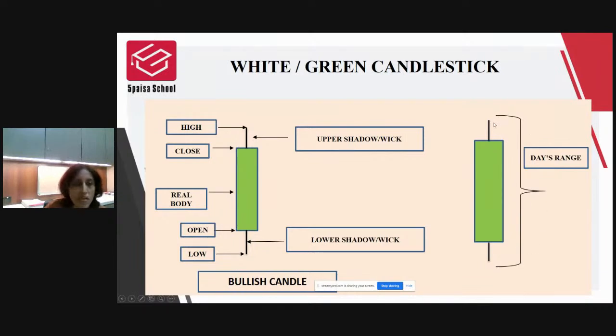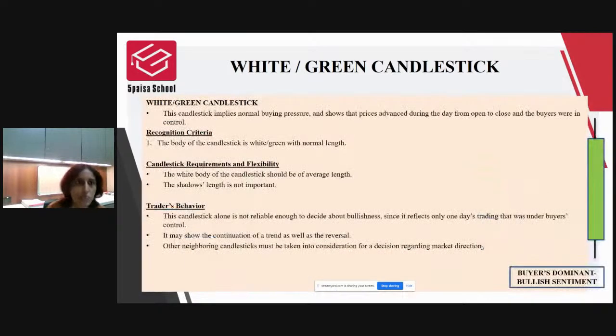So let's say the highest price was 100 rupees and the lowest is 10 rupees. Then what is the day's range? You will say the day's range is 90 rupees. So this is about the white or green candlestick.